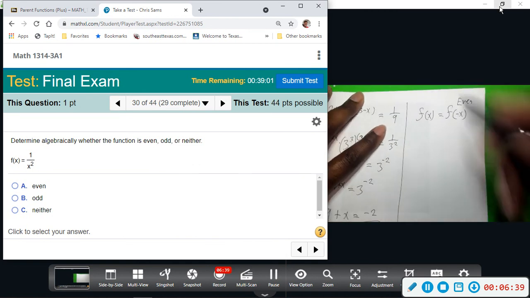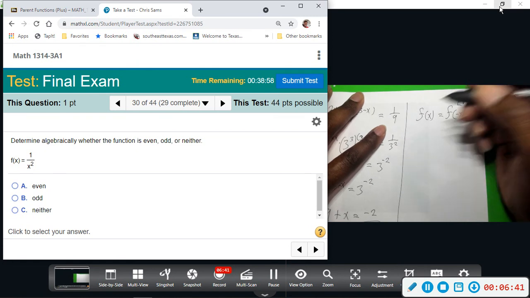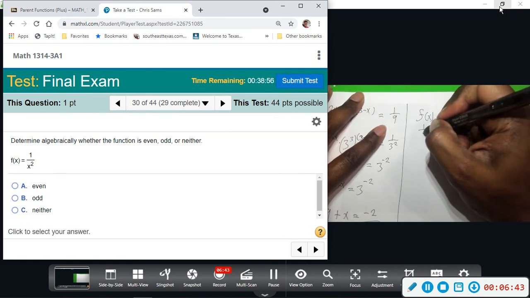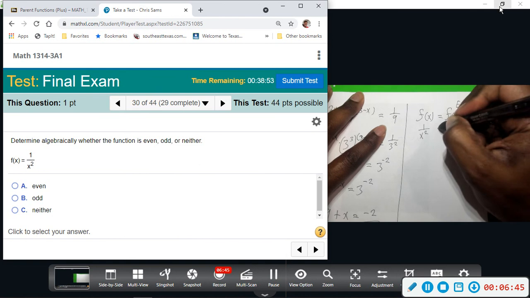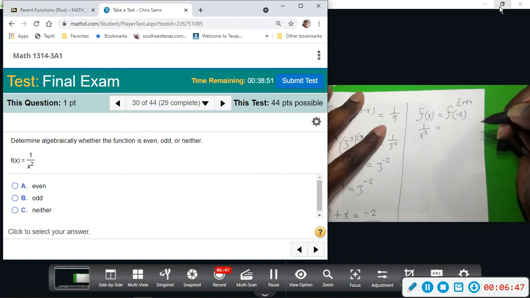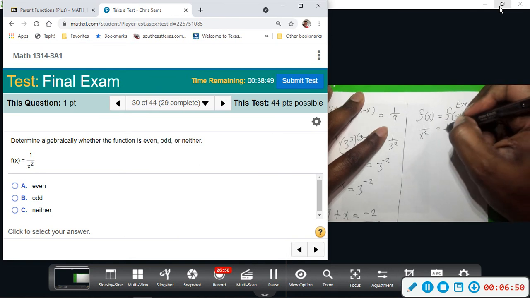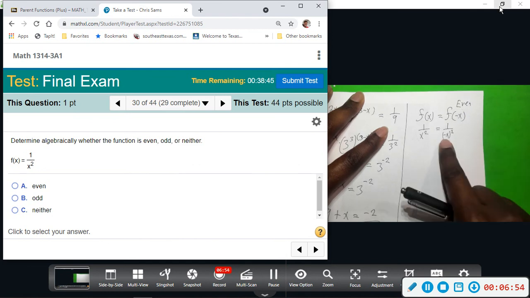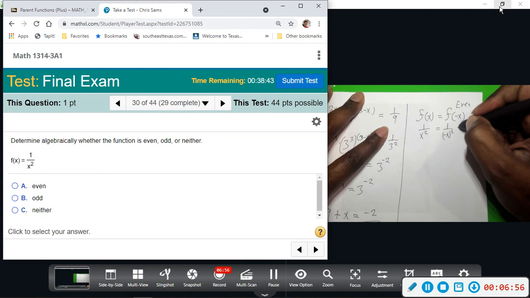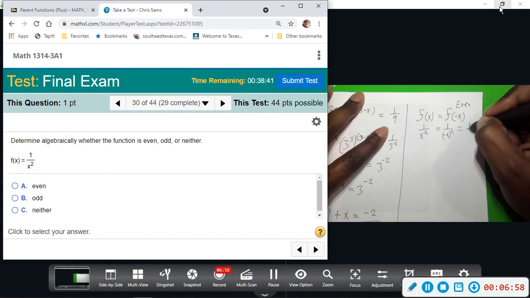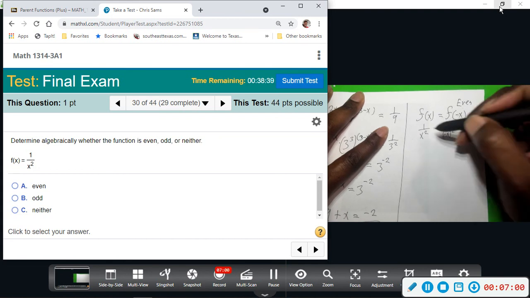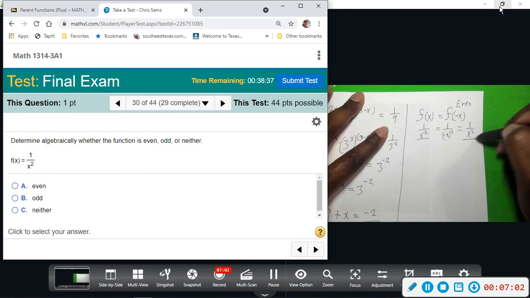So what I would do is compare the original 1 over x squared to that of 1 over negative x squared. When you square a negative, it becomes positive. So that gives us 1 over x squared. So this is the same as this, so it is even.